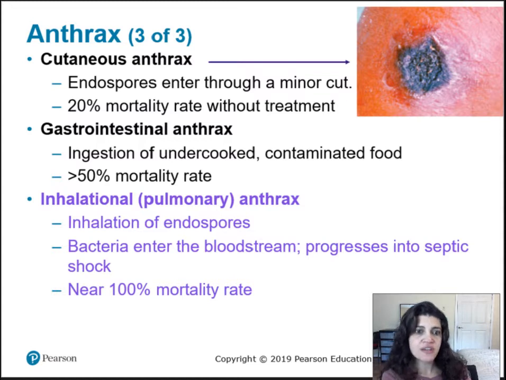You have a lot of endospores forming and surviving in areas of permafrost. For example, in Antarctica, in frozen soil, if scientists go there to dig for resources, they can get in touch with the anthrax endospores and get infected. Okay.